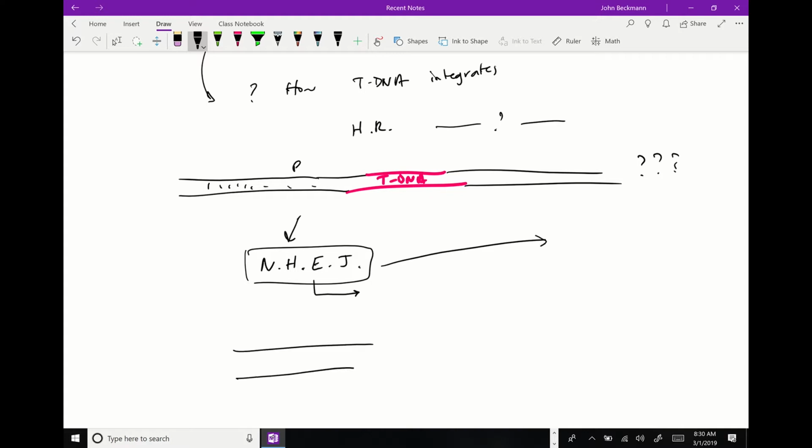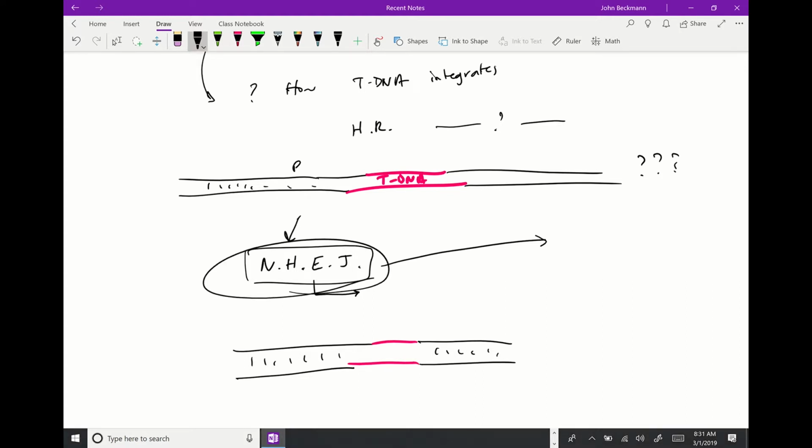You're right, it's when the cell takes two pieces of broken DNA and just smashes them together. That's non-homologous end joining in its simplest form. Why does the cell have a mechanism to do that? Yeah, double-stranded breaks are lethal for the cell. It needs to repair. So it's a repair mechanism of DNA. It's eukaryotic, and I think it's prokaryotic too.